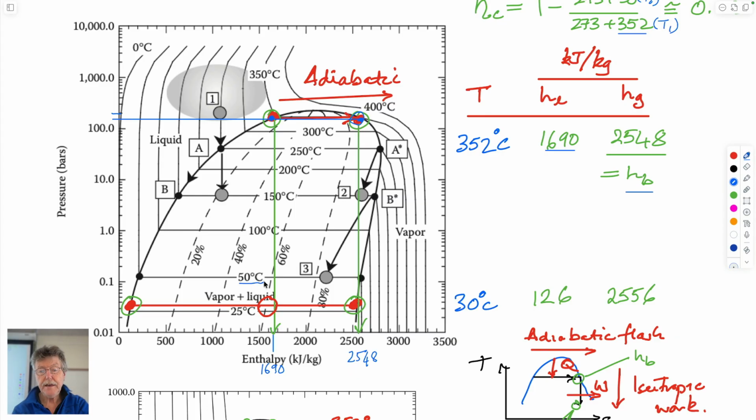So 50 degree behavior, 25 degree behavior. So 30 would be partway between those. So the enthalpy of water at 30 degrees centigrade would be equal to whatever this is. And this is 126 kilojoules per kilogram.